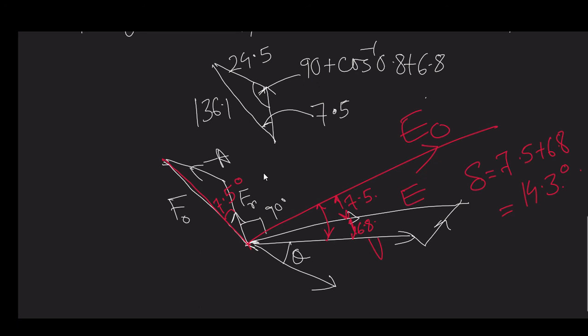Now we have to figure out the efficiency. So for efficiency, first we need to figure out the loss. Armature copper loss would be how much? 3I square R. The armature copper loss.